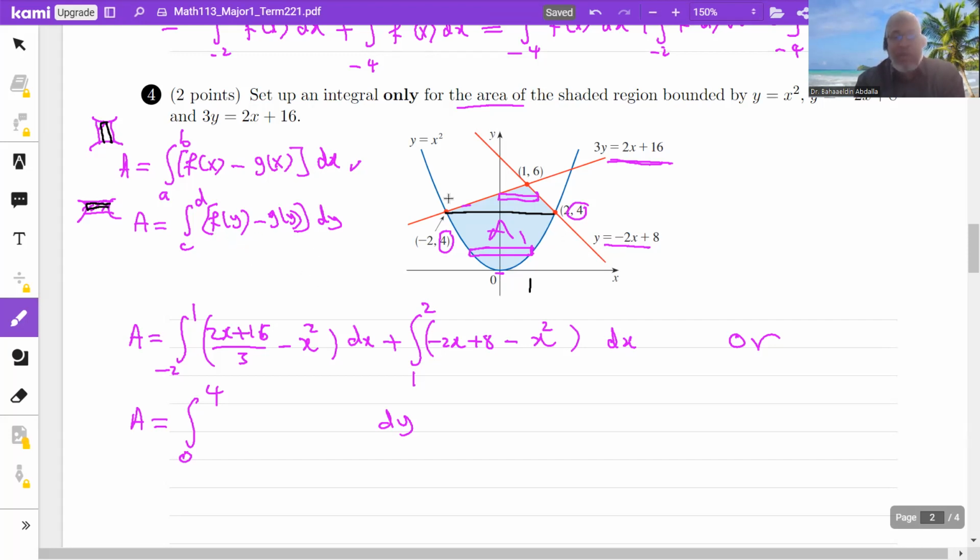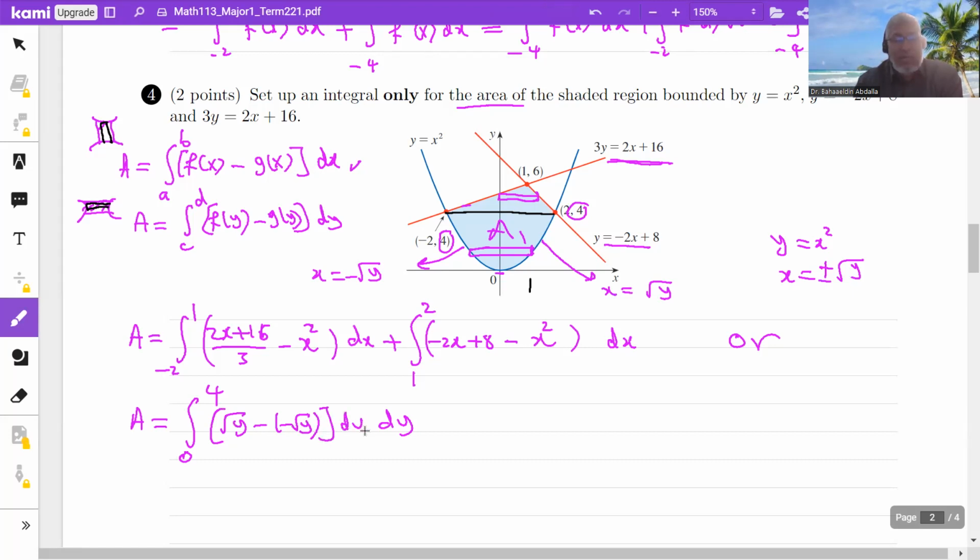So for the function to the right, now I have y equals x squared. I need it to be x equals, so x would be plus or minus square root of y. In fact, this right part of the parabola has the equation x equals square root of y because x here is positive, while this part has the equation x equals negative square root of y. So the function to the right is square root of y minus the function to the left, which is minus square root of y. So this would be the first part.